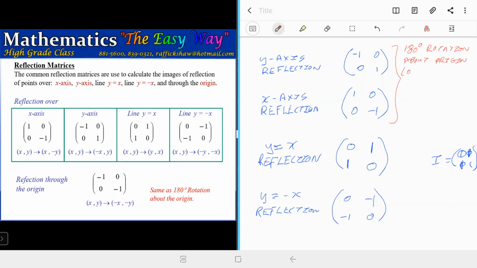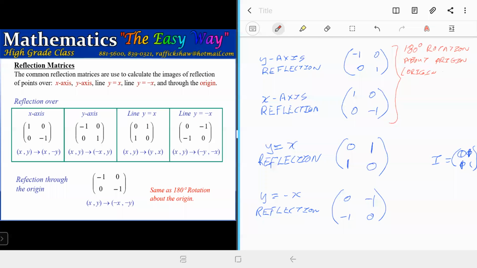You can also reflect through a point. A reflection through a point is the same as a 180-degree rotation about the point. We'll look at that later, but I can just tell you that from now.